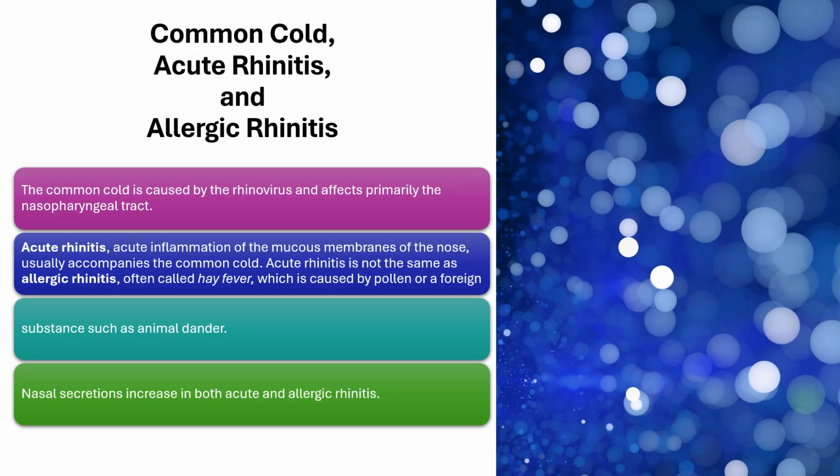Now, allergic rhinitis or hay fever is the inflammation of the nasal mucosa due to exposure to allergens, and although not life-threatening, allergic rhinitis is a condition affecting millions of patients, and pharmacotherapy is frequently necessary to control it.